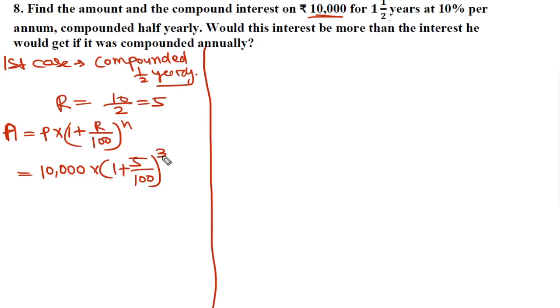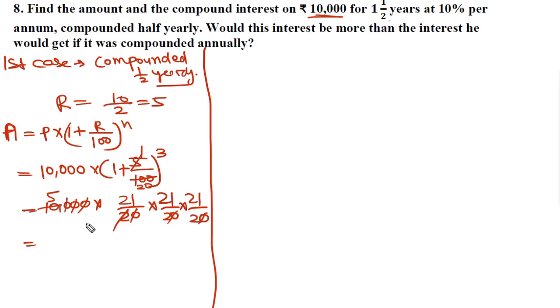So n will be 3. Now it will be equal to 10,000 into, here you can cancel it, 5 1 is 5, 5 20 is 100, so 1 plus 1 by 20 will be 21 by 20 to the power 3, means 21 by 20 into 21 by 20 into 21 by 20. Now you can cancel 3 zeros with 3 zeros. You can cancel 2 with this 5. Now it will be equal to 21 into 21 into 21 into 5.